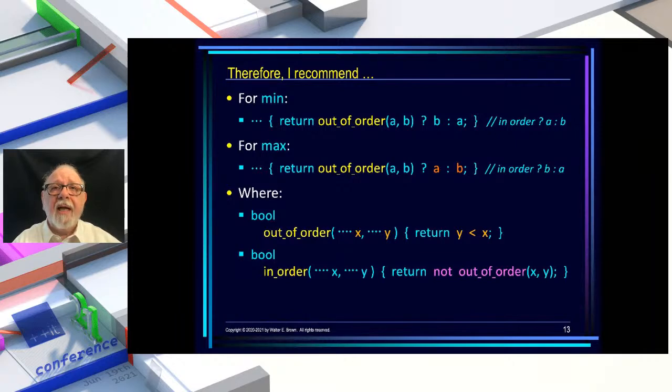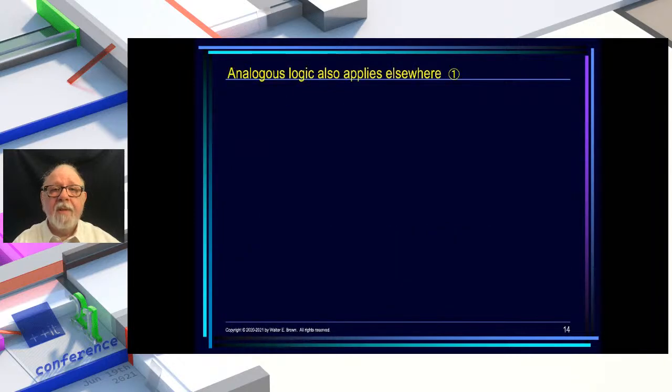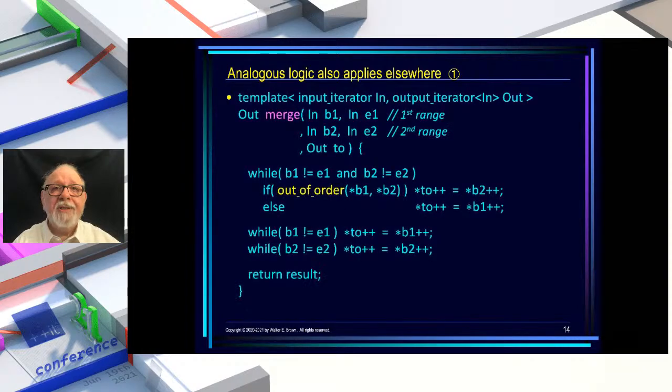Now, I've chosen min and max as my exemplars for this topic, but the observations that I have made are by no means limited to min and max. For example, here is a merge algorithm written as a function template. And I know this can be coded differently and slightly more efficiently and so forth, but this is a very clean exposition.